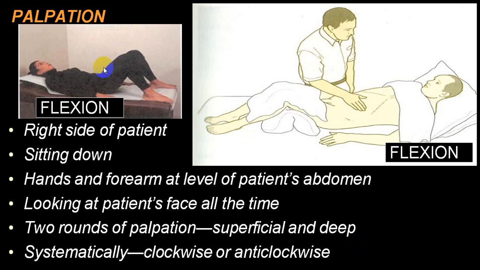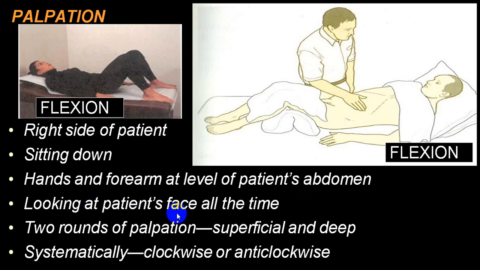This is inflection, this is also inflection. Here you can see this is completely exposed, there is no exposure of abdomen. This is a wrong method, this is the perfect method. So stand on the right side. Sitting down is not commonly required. Hands and forearms should be at the level of the patient's abdomen.